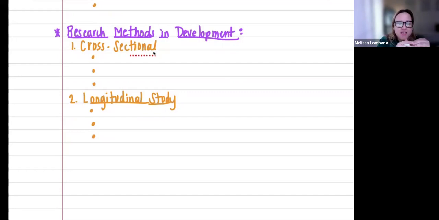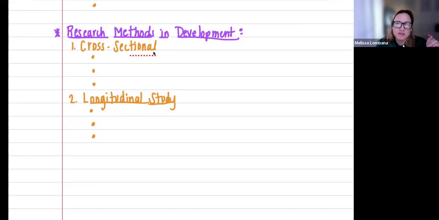And then they're going to basically study the differences at that particular time based on the different people, okay? And we talked about this before. So what they'll do, they usually do this because it's cheaper, it's faster, right? We get the results immediately since we're testing it at this particular time.